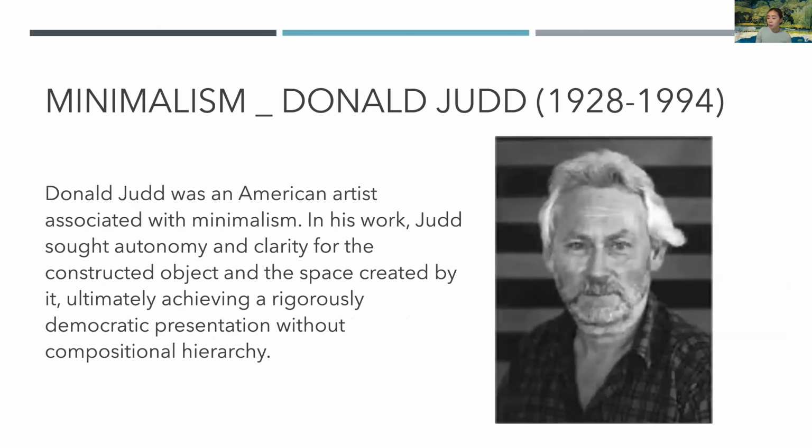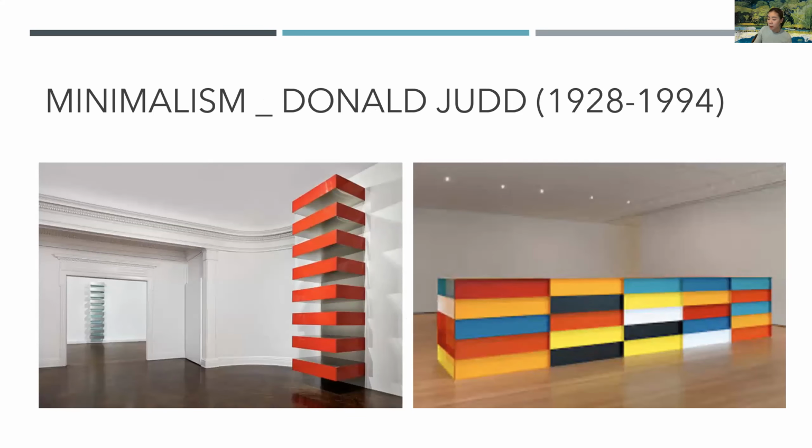So, Donald Judd was an American artist associated with minimalism. In his work, Judd sought autonomy and clarity for the constructed object and the space created by it. So this is his work. He abandoned painting for sculpture in the early 1960s.